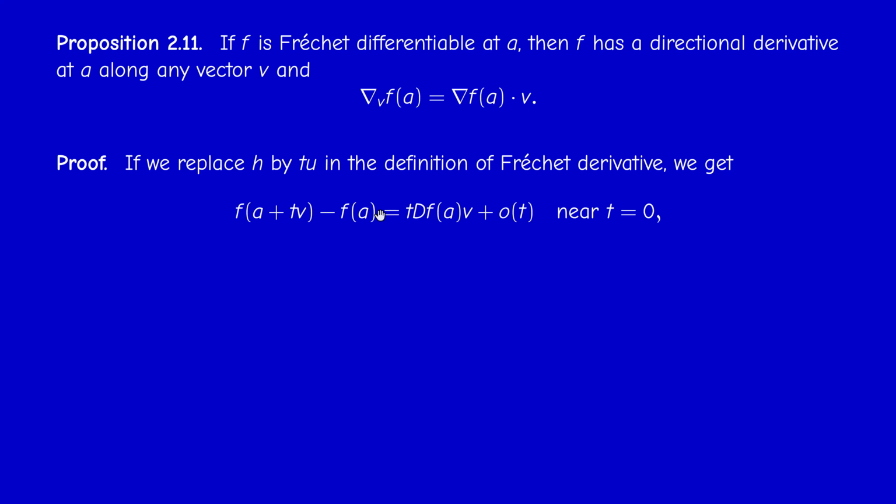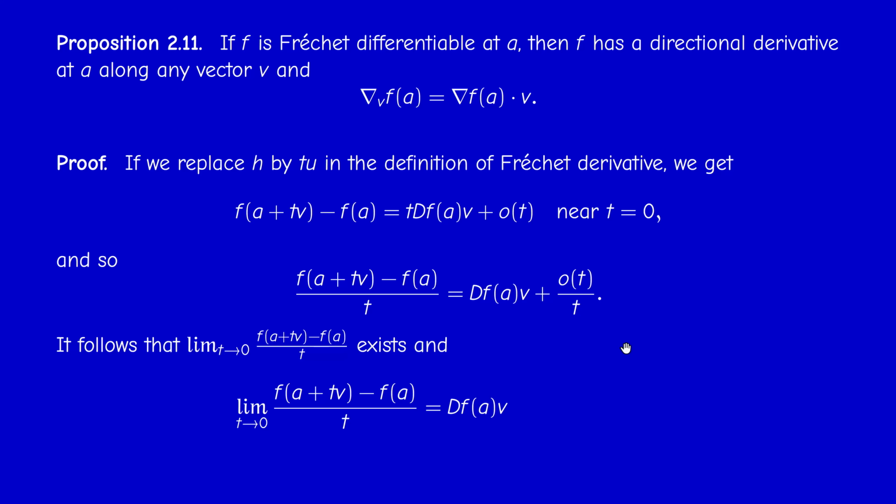This is a consequence of the Frechet differentiability at A. And if you don't like this, you can use the usual epsilon delta. So when we divide by t, we get that this ratio is just the Frechet derivative at v plus small o of t over t. And when t tends to 0, this is a constant, and this tends to 0. So we see that this ratio has a limit, and the limit is the Frechet derivative at A along v.